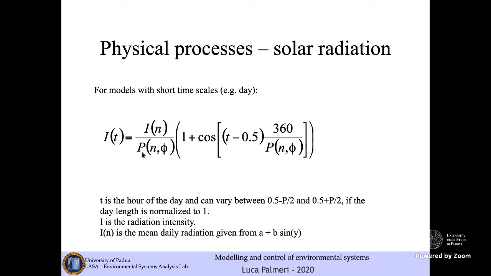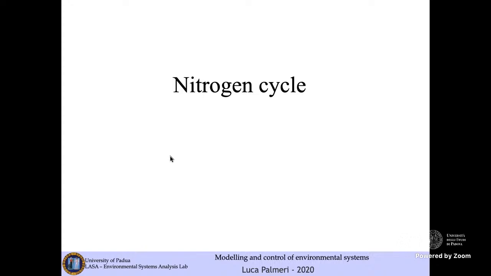So normalized by the fraction of a day in which we have light. And as we have seen, this photoperiod depends on the day of the year, so on the moment of the year, and on the place on which you are making your observation. So this is described by the latitude phi.